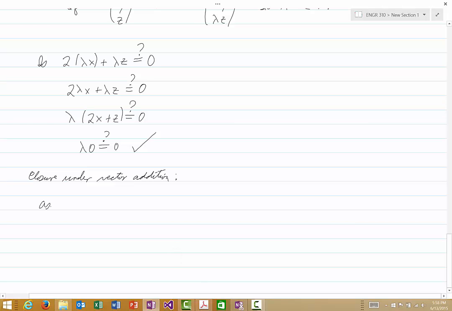So we'll assume we'll call them V, and this time I'll assume that the components of V are V1, V2, and V3, and W, and I'll make the components W1, W2, and W3.